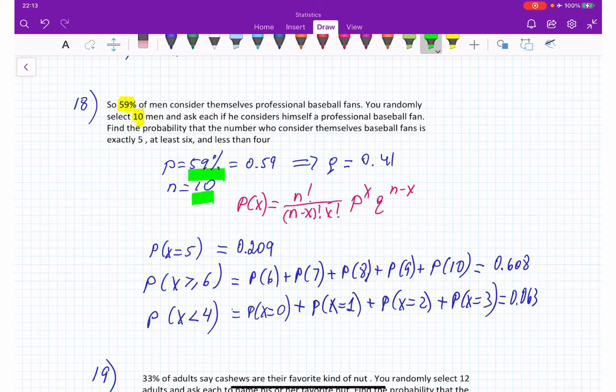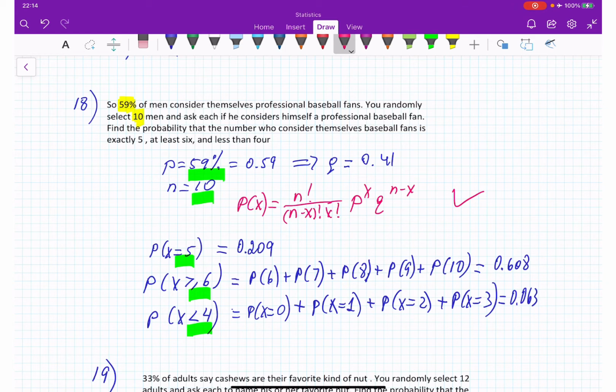Find the probability that the number who consider themselves baseball fans is exactly 5. We are going to find exactly 5, at least 6, and less than 4. So the probability for binomial distribution is P of x equals n factorial, which is this formula, obviously. Okay, so we have all the data here.